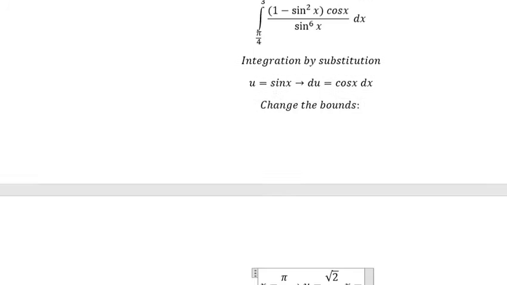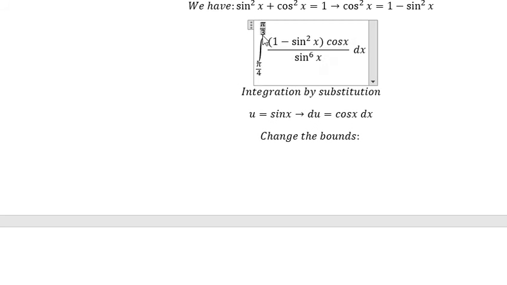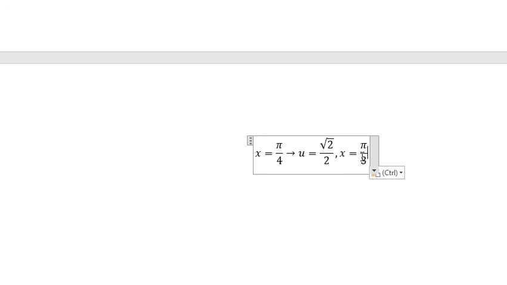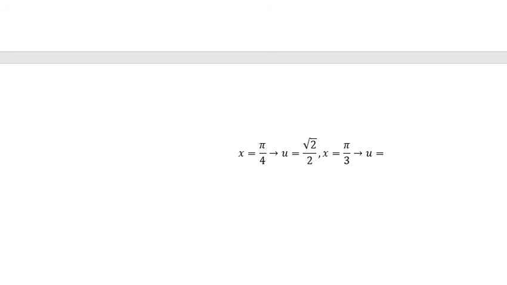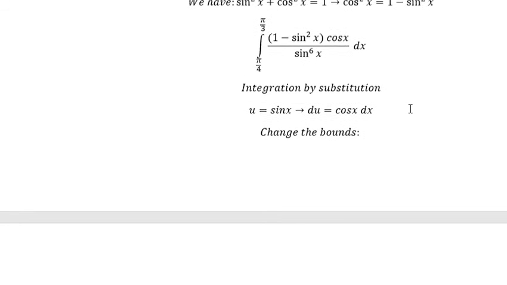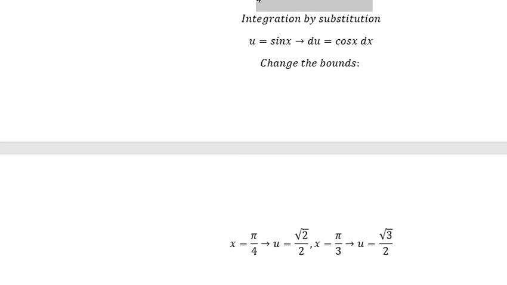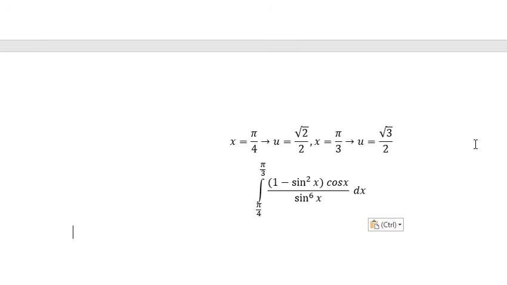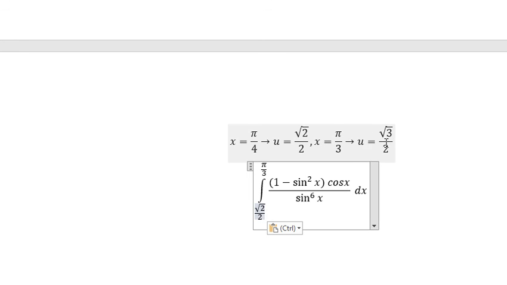When s equals b over 3, we can find the value of u, and we got the square root of 3 over 2. So b over 4 we change to the square root of 2 over 2, and this one we change to this one.